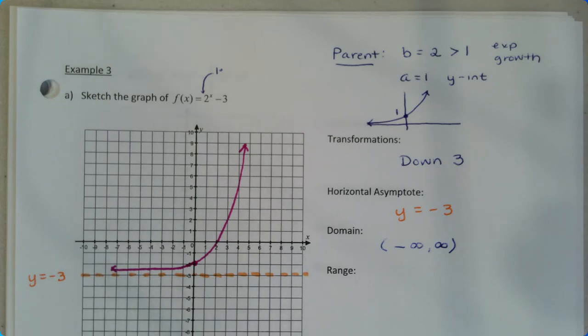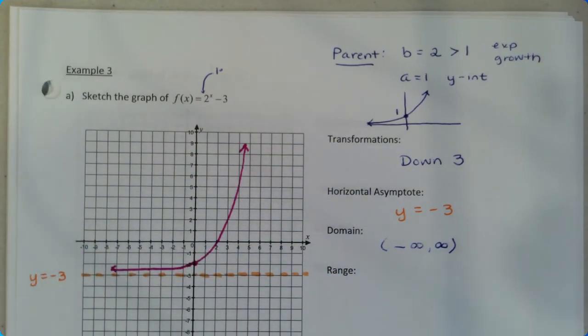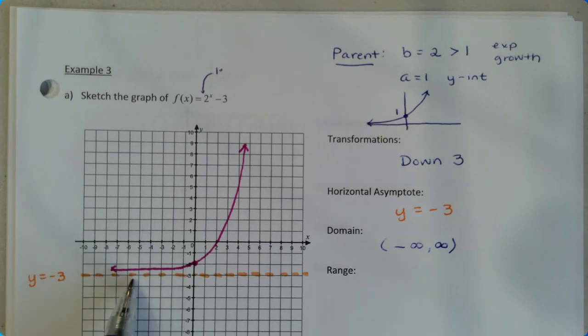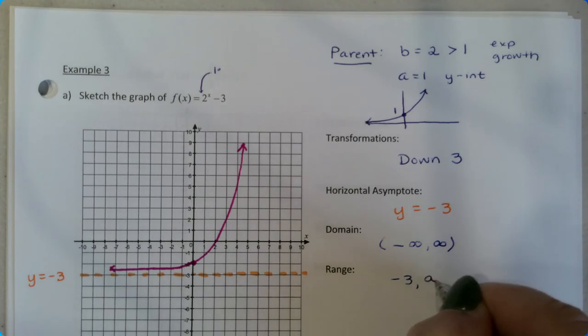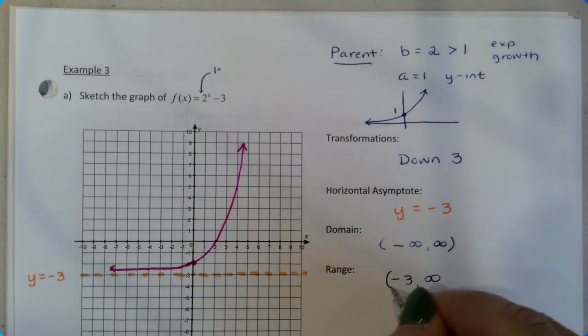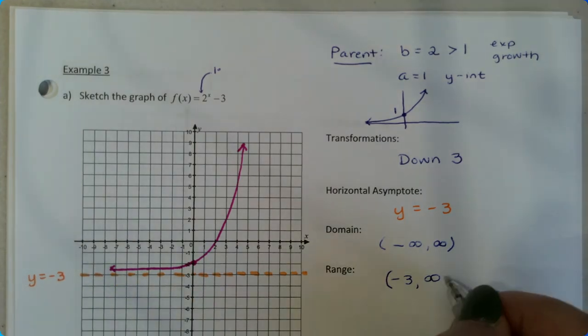The range, however, is a little bit interesting. This function is always above y equals -3, and actually it never quite touches the -3. So I'm going to say my range goes from -3 to infinity, but I have to use a parenthesis on the -3 to show that it doesn't actually touch that.